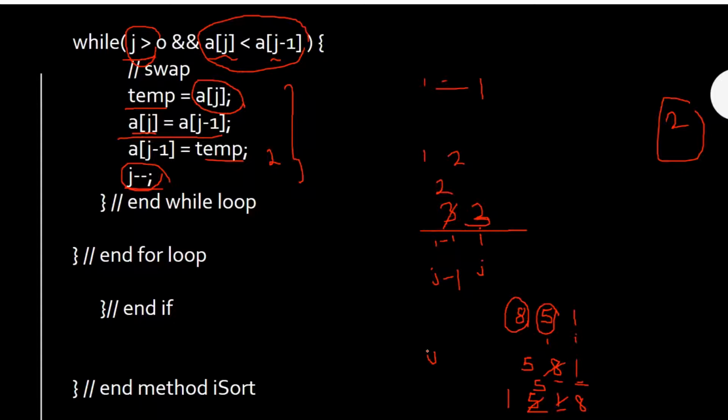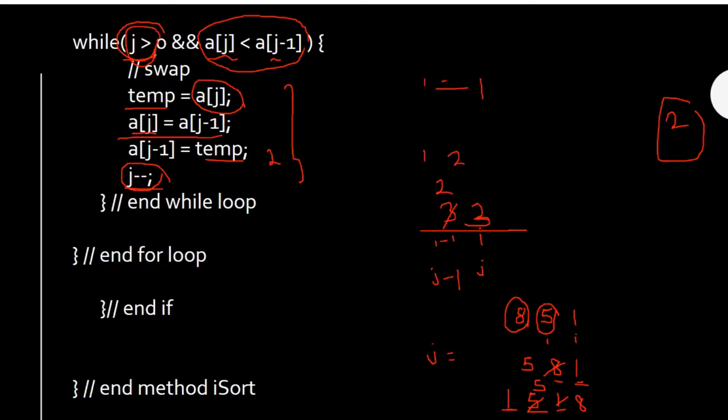Now our j is decremented, and at that level, remember that our j is 0 here. By the time we decrement our j again, this condition will no longer be satisfied. We discover that our j is no longer greater than 0.